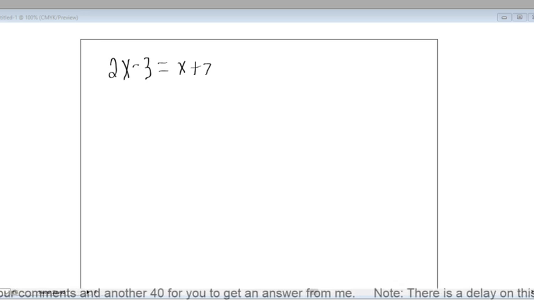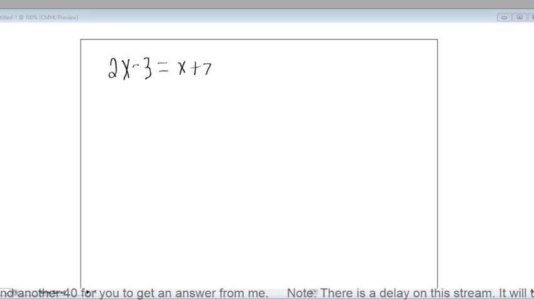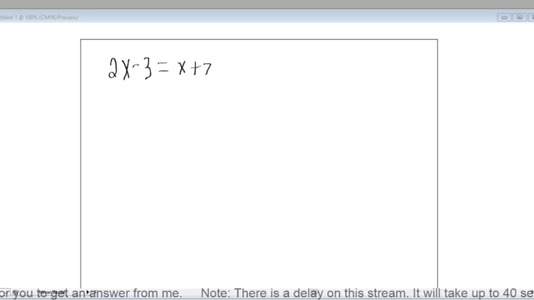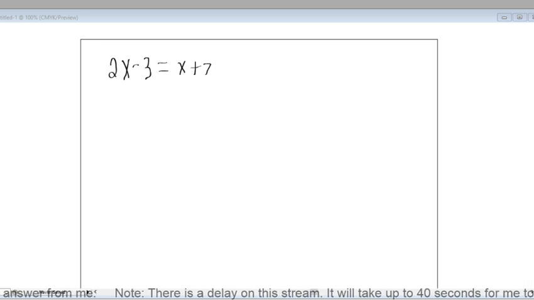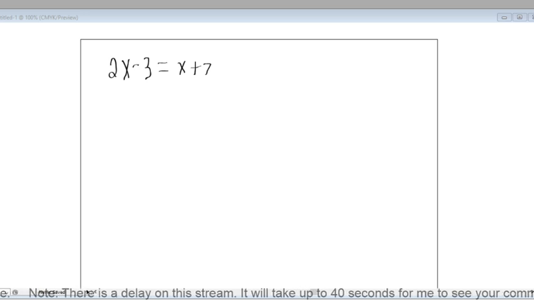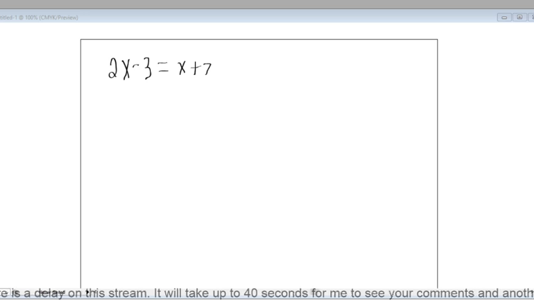It might be that x could be one thing, it might be that x could be two things. And as we saw with our identity and contradiction equations, x could be all real numbers or x could be no numbers. However, there is some exact value for x. It's going to be one of those three types of things.